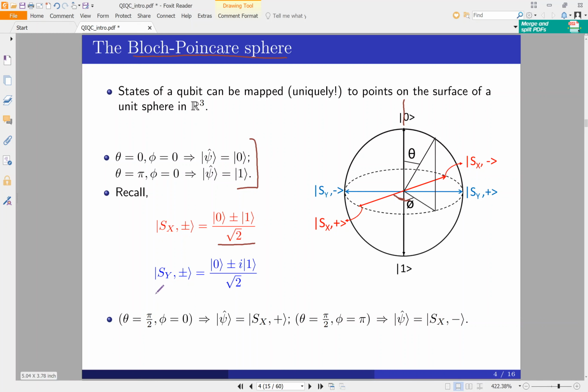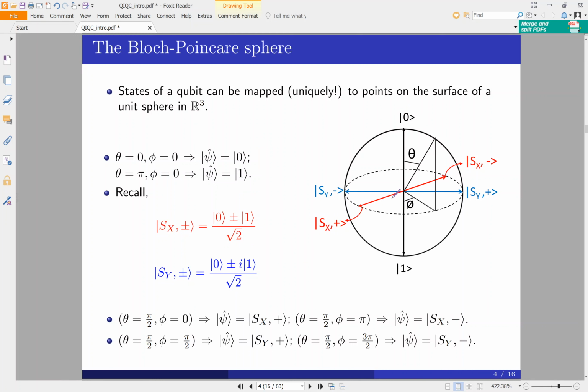What about the Sy plus and minus half eigenstates? Well, they differ from this by this factor i out here. So then all I need to do is use phi equal to pi by 2 and phi equal to 3 pi by 2.